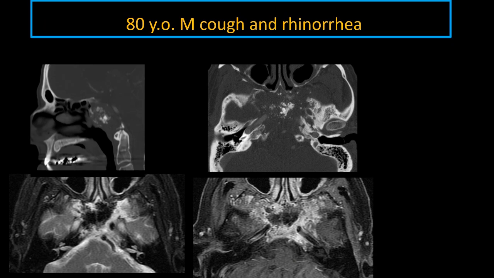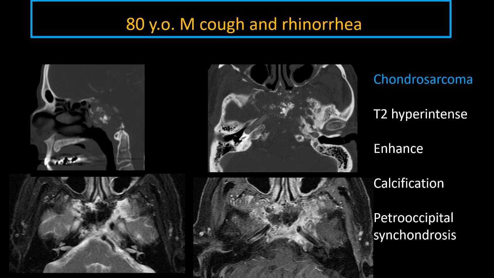In this 80-year-old male who presented with cough and rhinorrhea, which was persistent, the patient underwent CT, and here we can see, again, lesions centered within the sphenoid and clivus, which has areas of bone destruction as well as stippled calcifications within the mass. We can see that it's relatively T2 hyperintense and heterogeneously enhances, and this is an example of a classic chondrosarcoma.